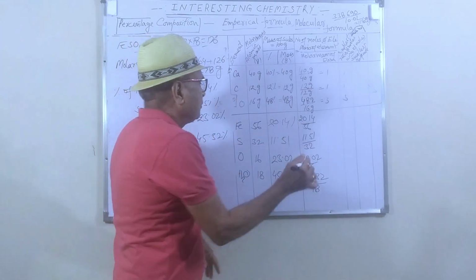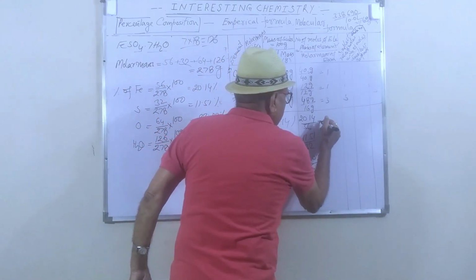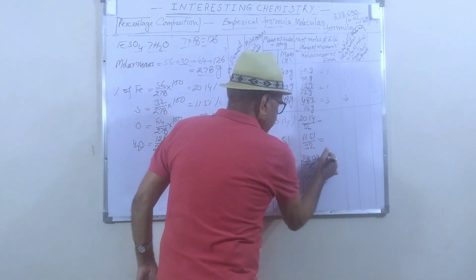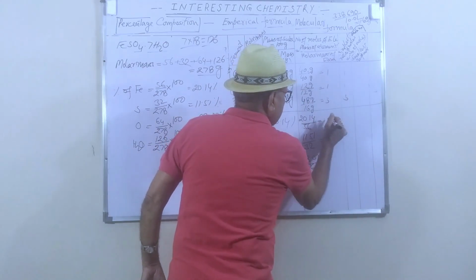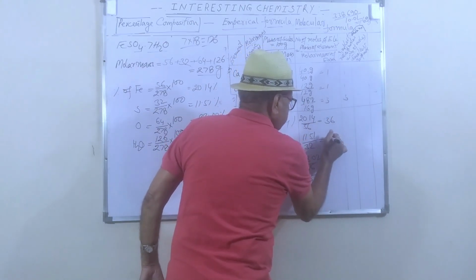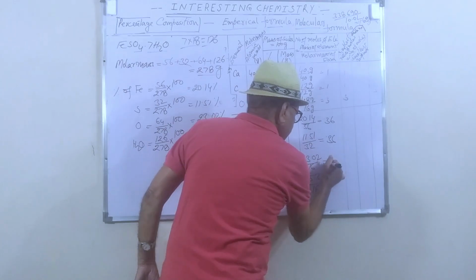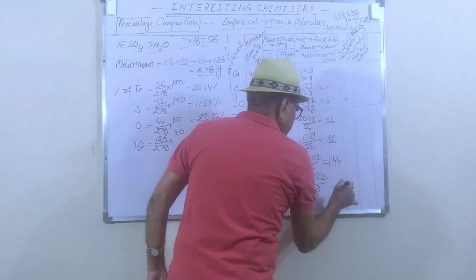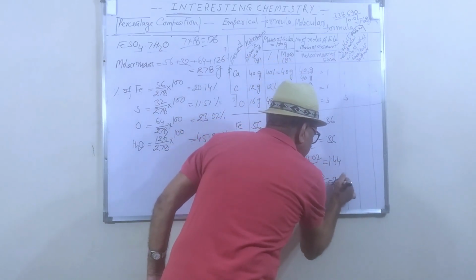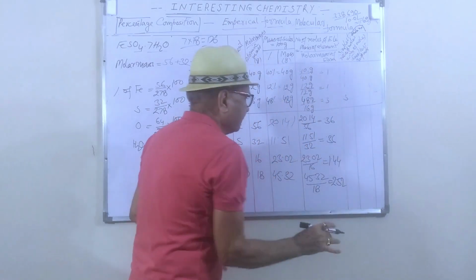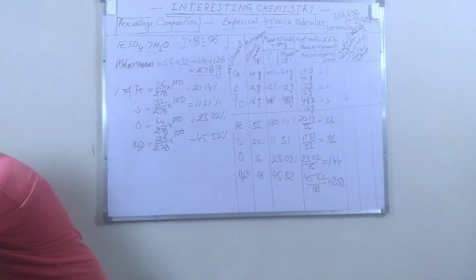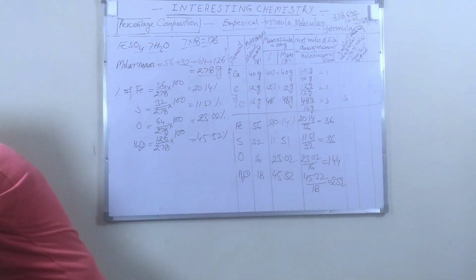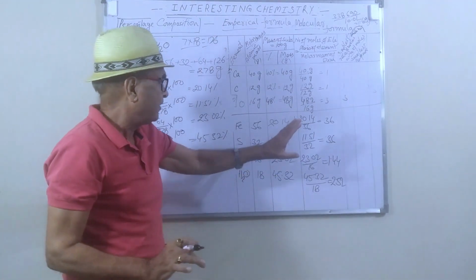So here you will get 0.36, and here 0.36, and here 0.144, and you will get here 2.52. This is the value. I checked it, yes, 0.36 and 0.36.